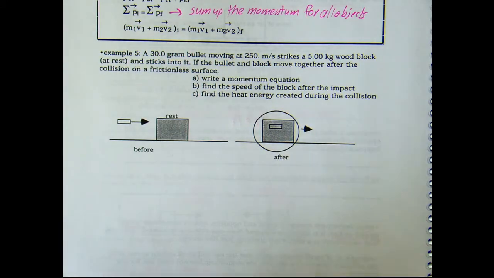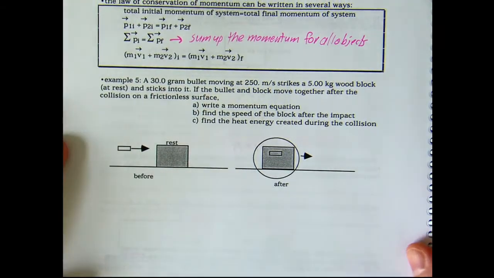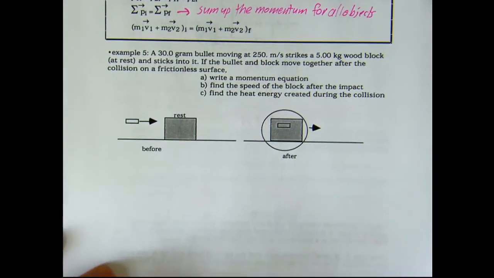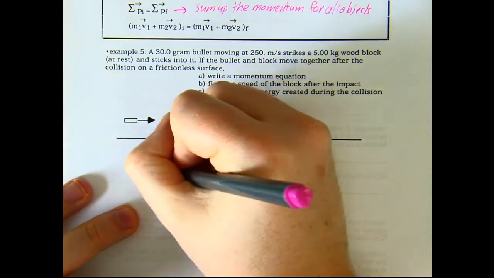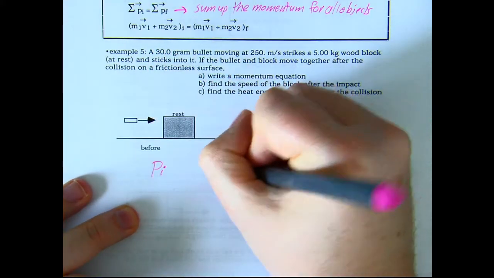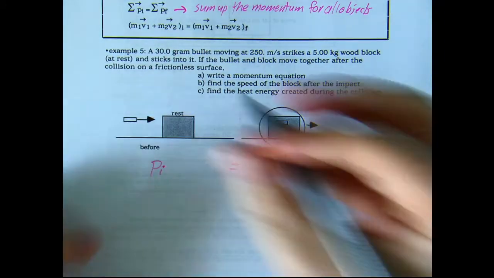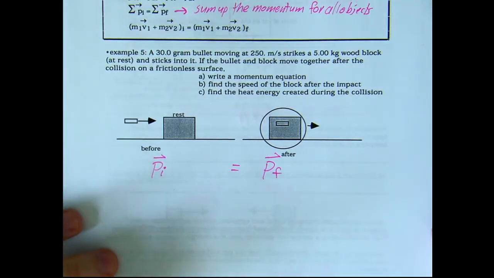So we know momentum has to be conserved in a collision here. The law of conservation of momentum states momentum must be conserved. Because we know this to be true, we can say my momentum at the beginning has to be equal to my momentum at the end. We need to address momentums for every object in the system.